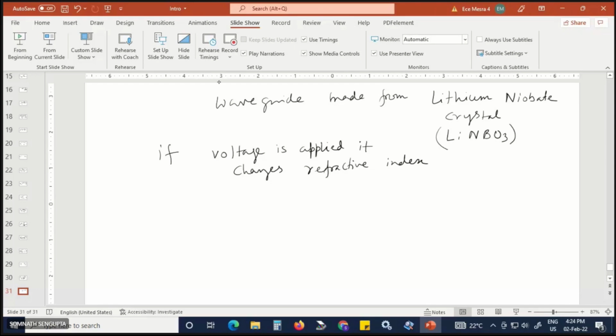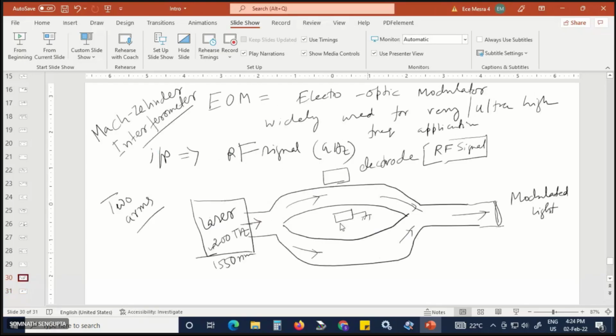So if this voltage is, say, an RF signal, it will change the refractive index, and since there are two arms, in one arm the refractive index gets changed, and in the other there is no change, because we have not applied any voltage, no electrode is there.